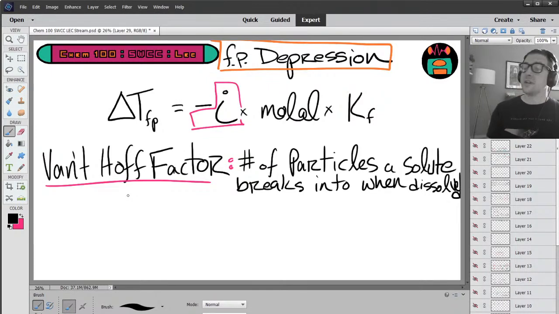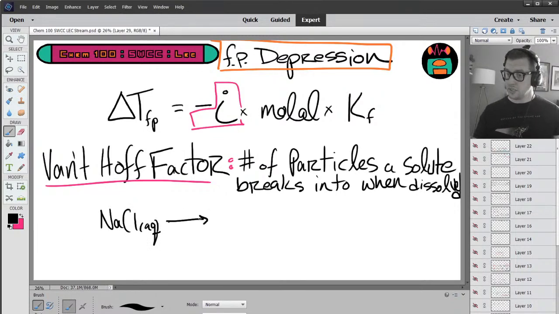So, for example, let's look at aqueous sodium chloride. All right, the number of particles in solution, aqueous ionic compounds separate into their cation and anion pairs.